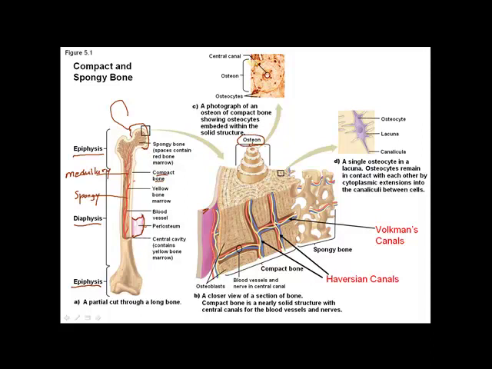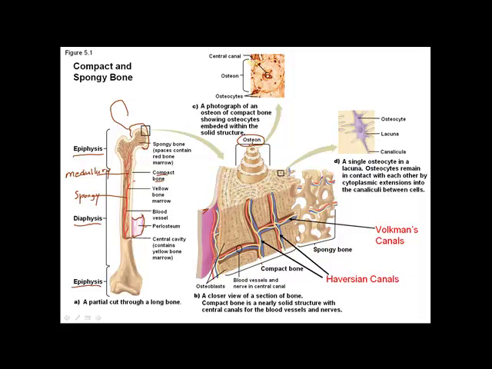This is a primary unit of bone structure. And here it is on a real picture. Here's the osteon, right? So it has this central canal. Every osteon has a central canal right there. And this is an osteon.